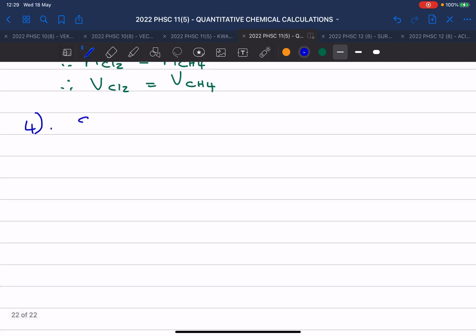Again they tell you you're at STP and you know that the VM will be 22.4 for both of them. Now they tell you the mass is 5 grams of nitrogen gas, Jabu. What is the formula for nitrogen gas? If you didn't know that, you couldn't answer the question.